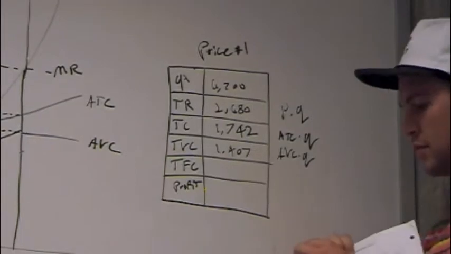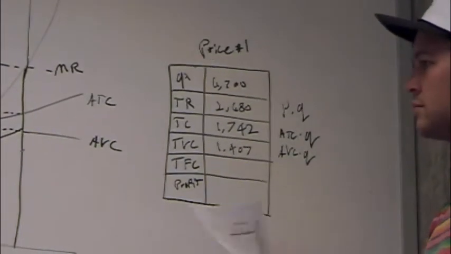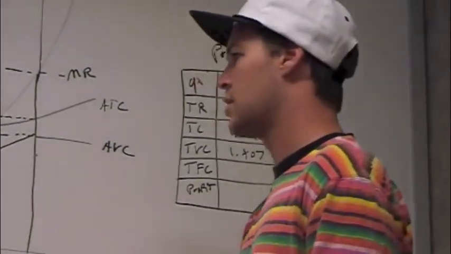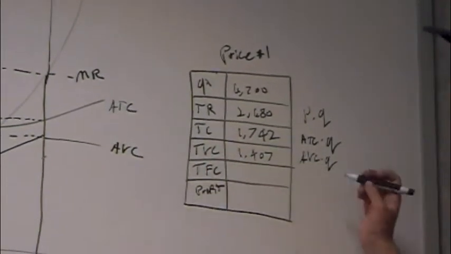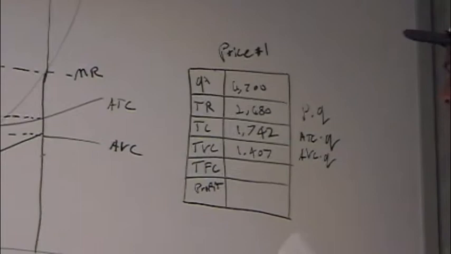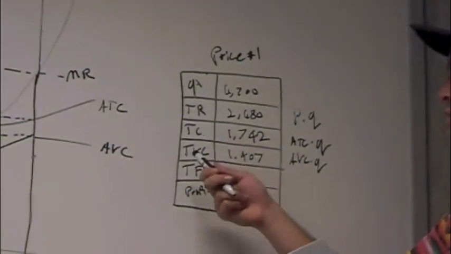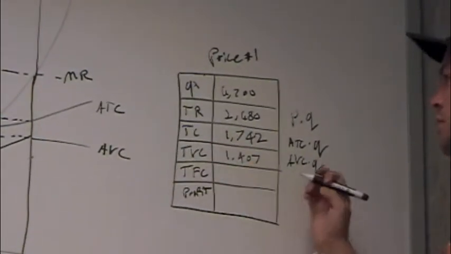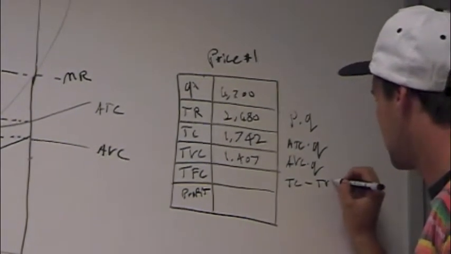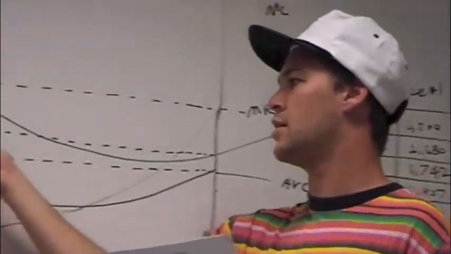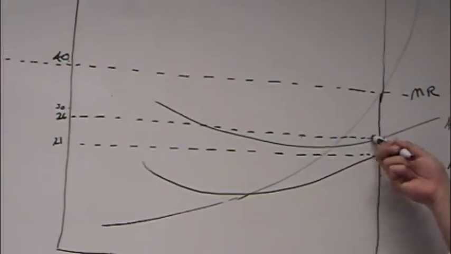And so finally, when we want to find our total fixed cost, we use our total cost and total variable cost. What we do is we minus our total cost minus total variable cost. So right here I can see this is our total cost right here, this whole box.